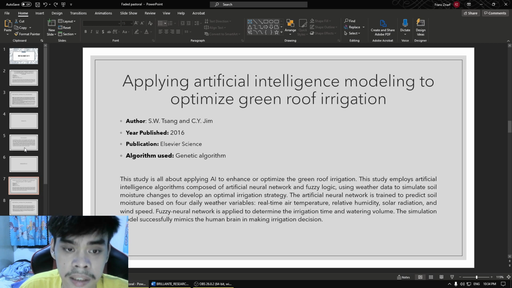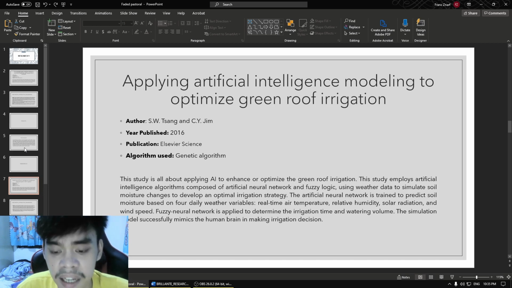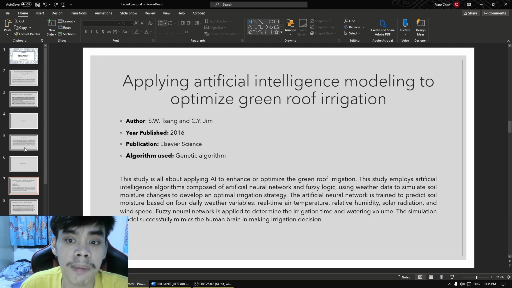In this study, again, it's pretty interesting because it employs two different AIs, the neural network and fuzzy logic. This study talks about green roof irrigation with AI modeling.